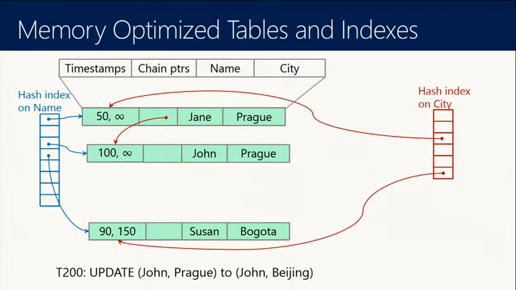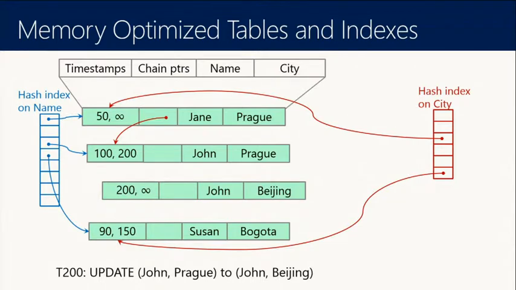Now, let's see what happens with an update. So I want to update John Prague to John Beijing. So John is moving from Prague to Beijing. So I need to update that row. Now, how do I do that? This is implemented through a delete followed by an insert. So I first delete the row John in Prague. So I say, hey, as of time 200, this row is no longer valid. So you're no longer allowed to see it.